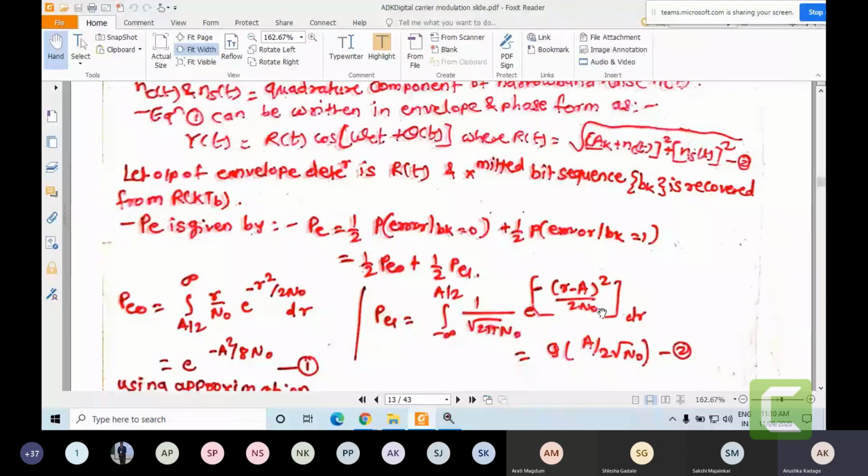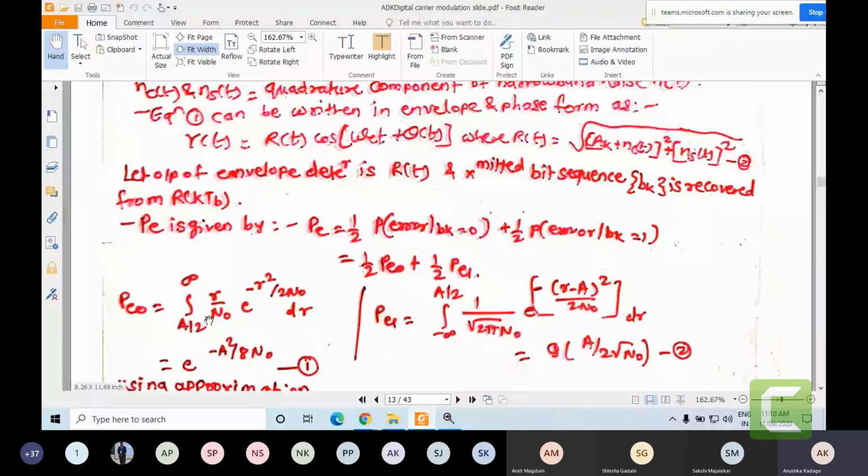Here r minus A is done because when the amplitude of the signal is A cos(omega_c t), there r minus A we have to do. Here for this case the amplitude of the signal is 0, so that is equal to r square itself. So both equations are one and the same, but in this case we are not having any amplitude of the signal, so the variance value in terms of 1 upon under root 2 pi N0 was not existing for this case.